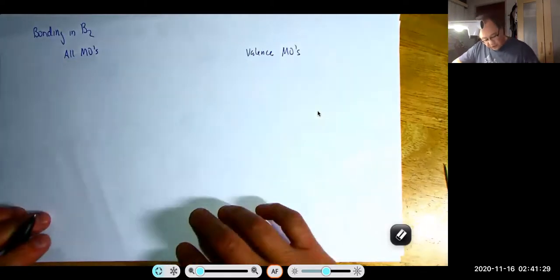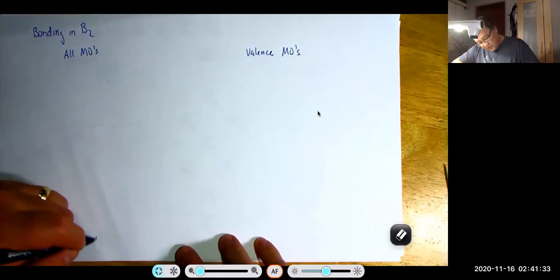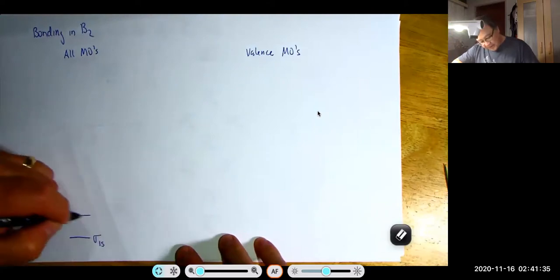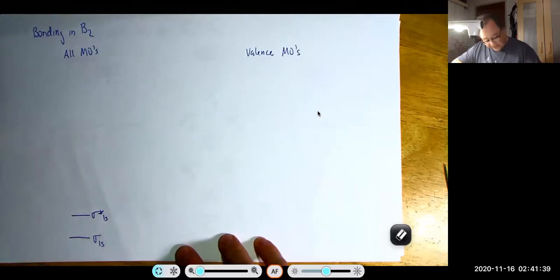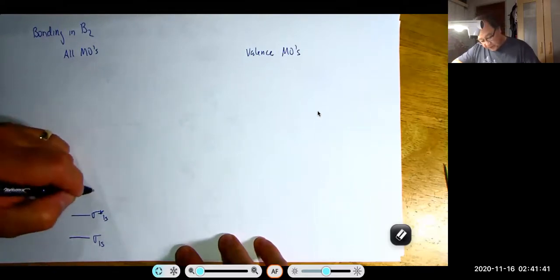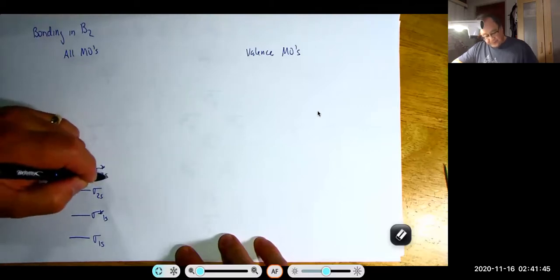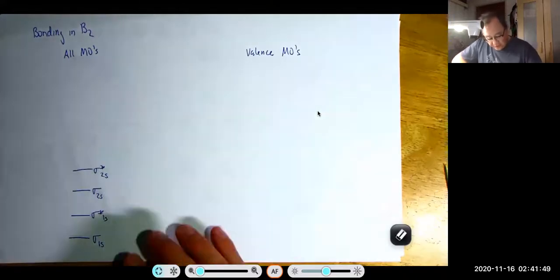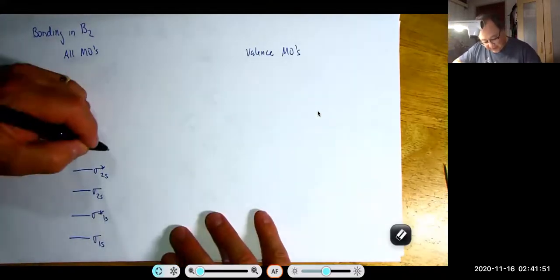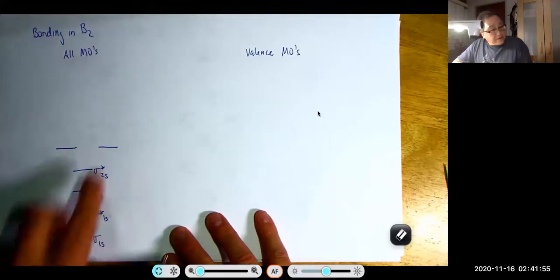Okay, so if I show you all the MOs, it's going to look like this. Sigma 1s, sigma star 1s, and then the 2s's mix. So you've got sigma 2s, and you've got sigma star 2s. And then the 2p's mix. For the 2p's, you get these where they're not on the center, there's one on either side.